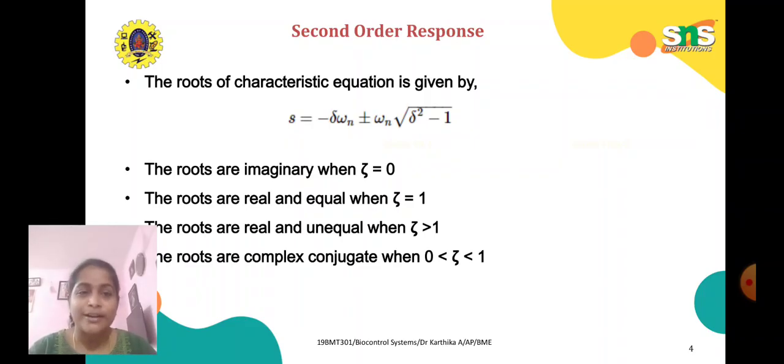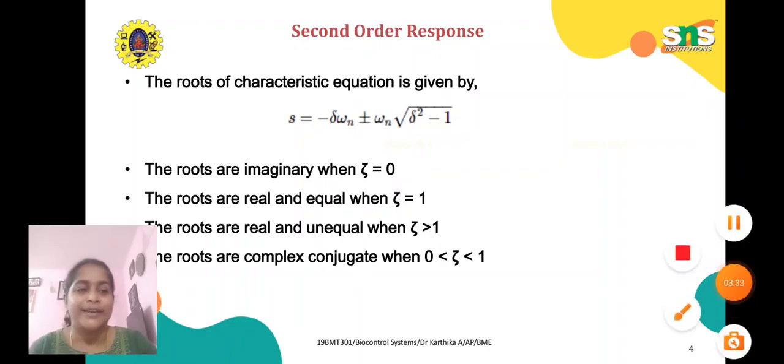The roots are complex conjugate when del is between 0 and 1. See the difference: we have different del values, and the roots might be imaginary, real and equal, real and unequal, or complex conjugate based on the del values.